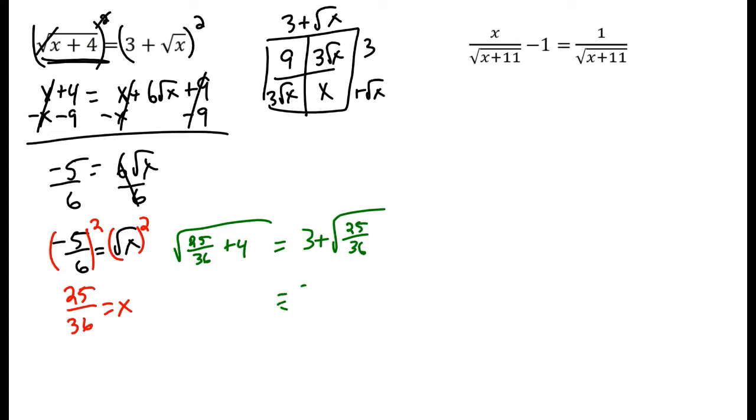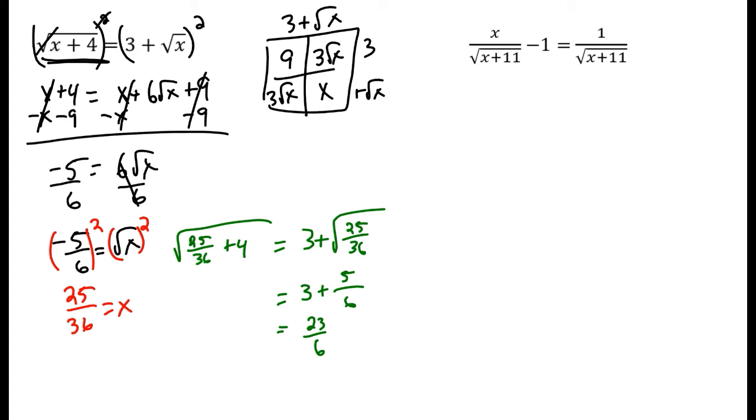Well, the right-hand side is easy to deal with. That's 3 plus, well, the square root of 25 is 5, square root of 36 is 6. If I was to write that as an improper fraction, that would give me 18 plus 5 is 23 over 6. Use your calculator there to help you out. The right-hand side is 23 over 6.